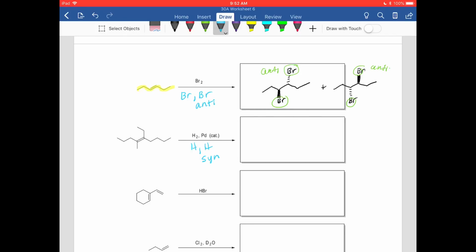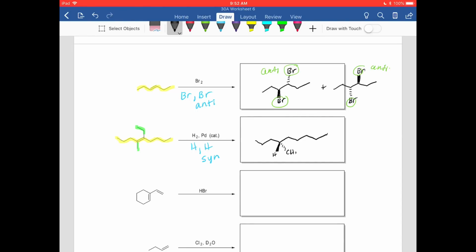So catalytic hydrogenation is a syn addition, so again, when I draw this out, I'm going to leave that zigzag chain in exactly the same orientation. And then anything that's hanging off as a substituent is just going to get either pushed forward or pushed back opposite to wherever I'm putting my hydrogens. So here, if I put my hydrogen forward, then I'm going to push my methyl group back.